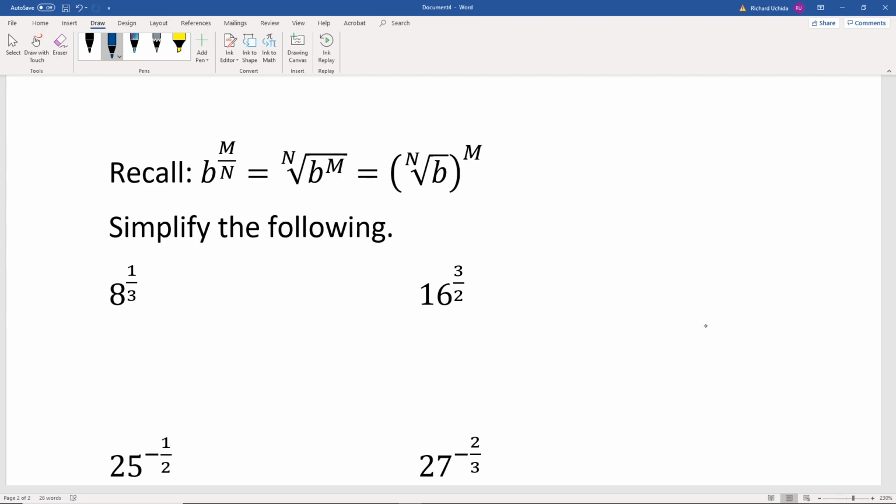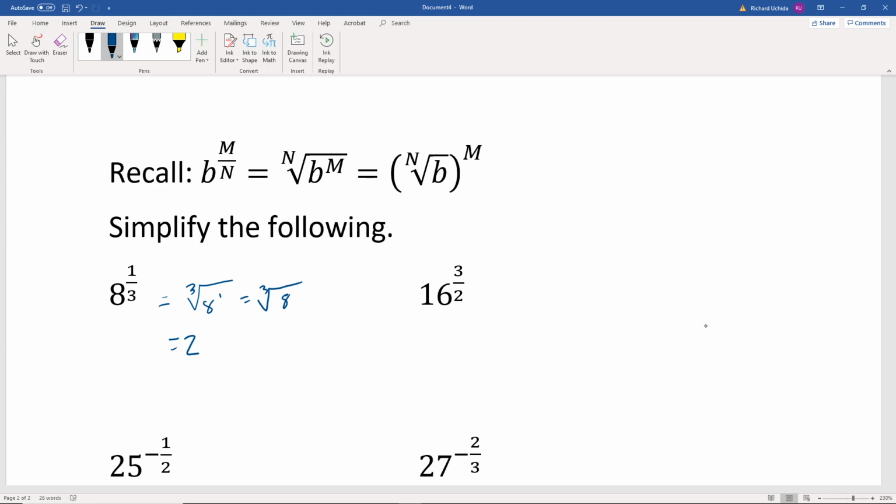So let's look at the following examples. 8 to the 1/3 is the same thing as the cube root of 8 to the first, which is the cube root of 8. If you recall, you have to think: what number times itself to the third power gives you 8? That would be 2.